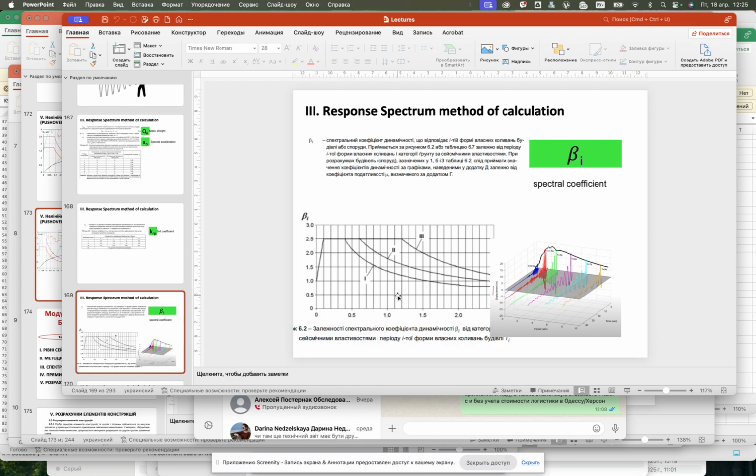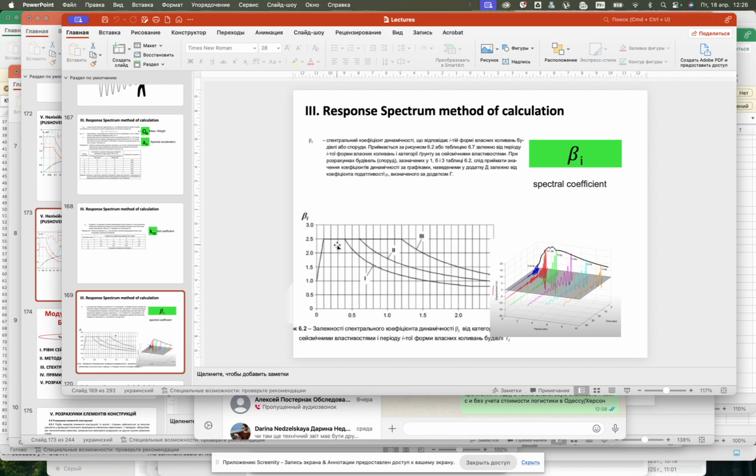Based on these two parameters, soils and period, we can define the multiplication effect of this coefficient. For example, if we have a stiff building with a period of 0.4 seconds, in this case this coefficient will be equal to 2.5.